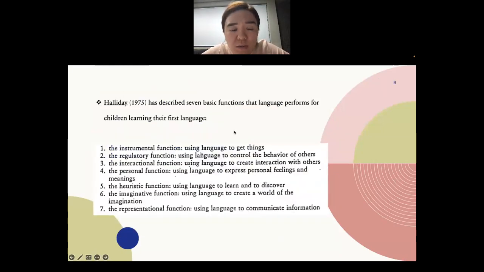Let's move on. Another scholar, Halliday, in 1975, described 7 basic functions that language performs for children learning their first language.